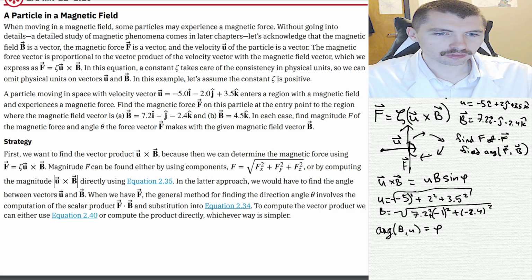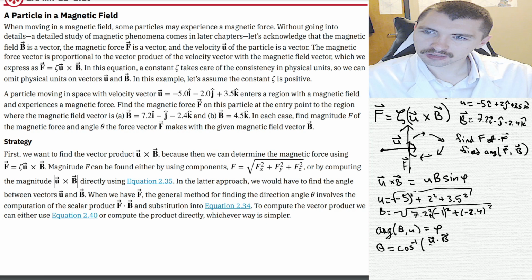Okay, so one can find the angle from the dot product. Okay, I remember this equation, cosine -1 of u dot b over u times b.